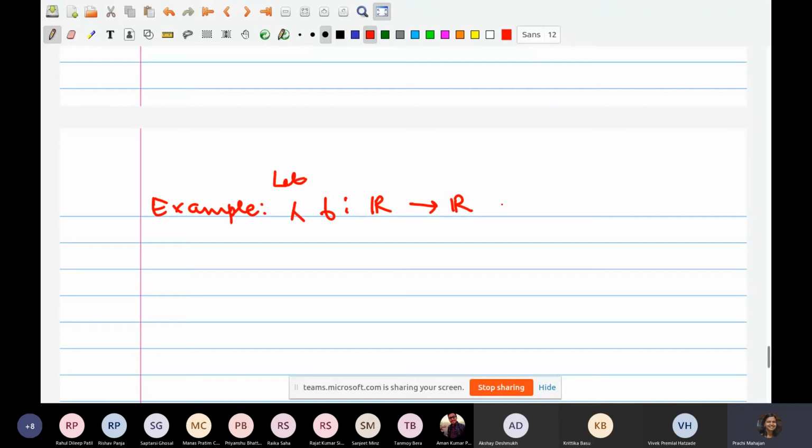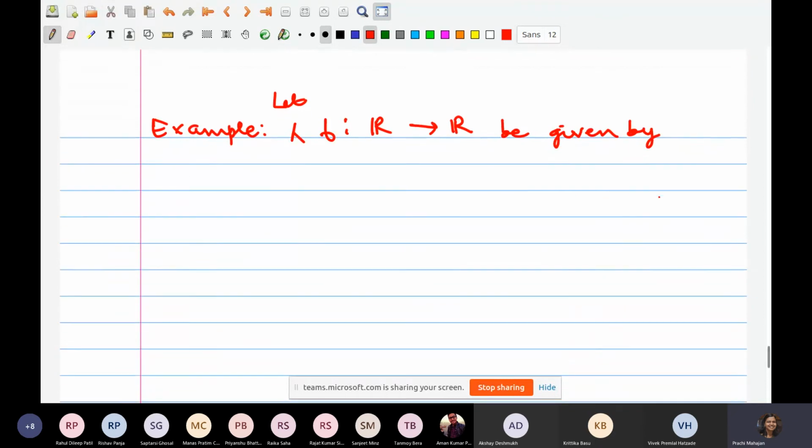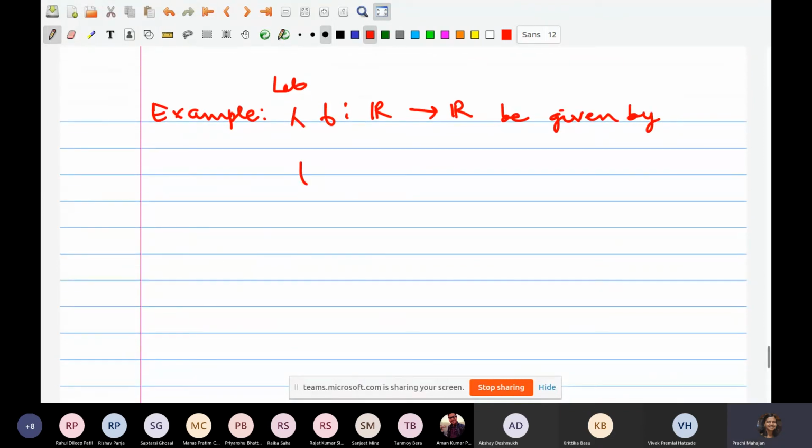So how am I defining the function f? f is 1 if x is rational or 0 otherwise. So this is the indicator function for rationals. And we are required to investigate the continuity of f at each point of the real line.